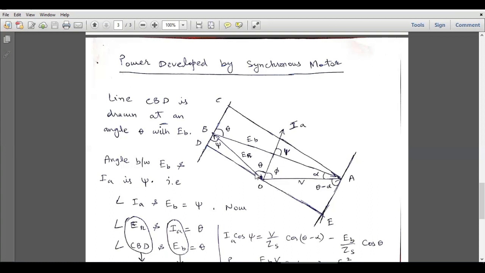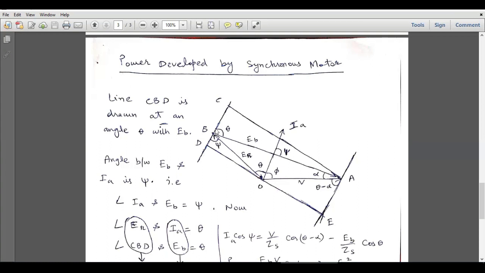So we have to maintain this same angle between the CBD vector and the back EMF vector. Why we are doing this will be clear in the proceeding discussion of this lecture. So this is theta.